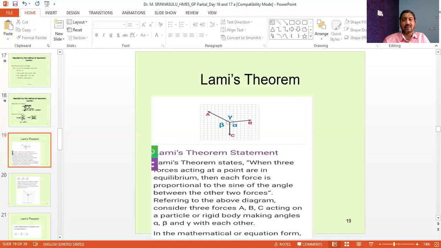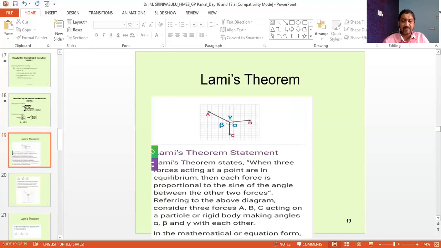So like this, we have so many applications in the engineering field to find the tensions in the strings and forces acting in the threads or the members when one of the forces is known and some angles are known.